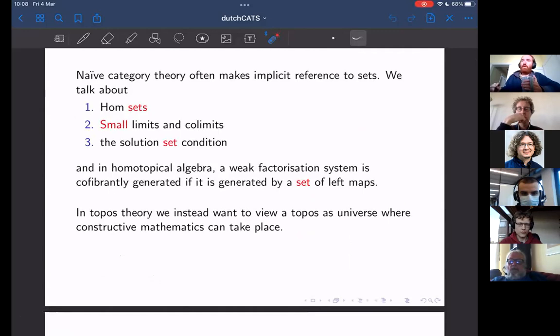In topos theory, we often want to think about a topos as a kind of universe where we can carry out mathematics, and this could be the category of sets. That's a topos, but there are lots of other examples. A lot of the examples I like come from realizability.